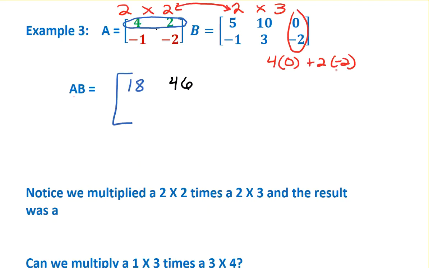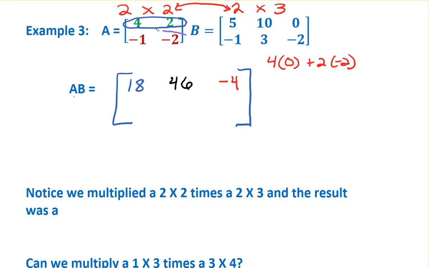So we have a 0 plus a negative 4. And that was our first row times our third column. So that's where I put it in my answer. I put it in the first row, third column. And now you can see that we've taken the first row, 4 and 2 elements, and multiplied times every column possible. So now we're done with that row, and now we're ready to move on.